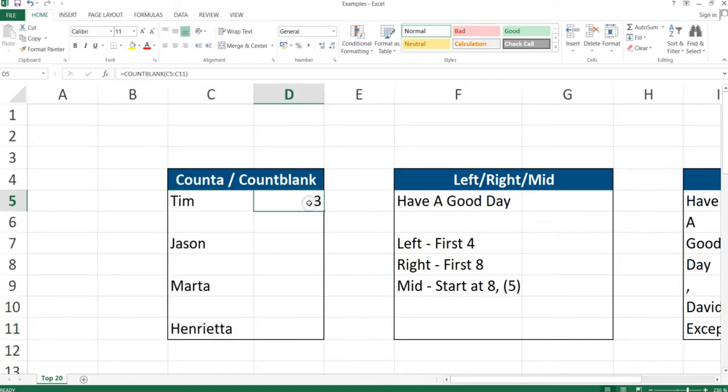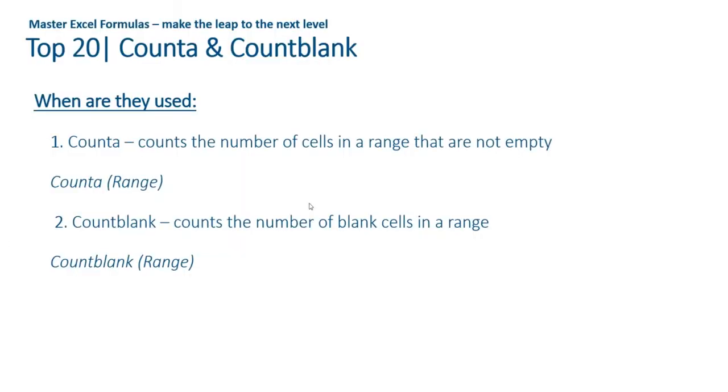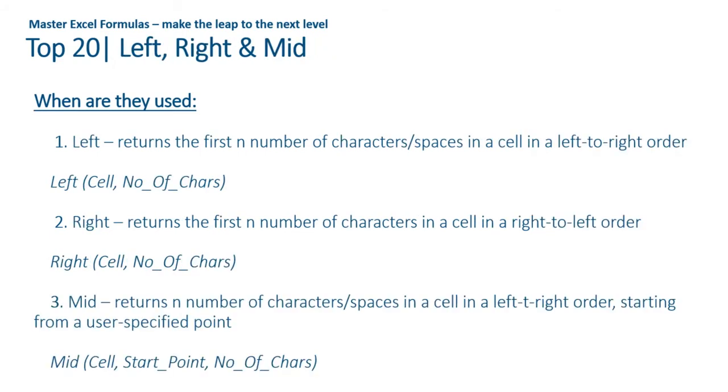Okay, now going back to the presentation, the second set of formulas here is LEFT, RIGHT, and MID. These formulas have to do with extracting a specific number of characters from a cell.